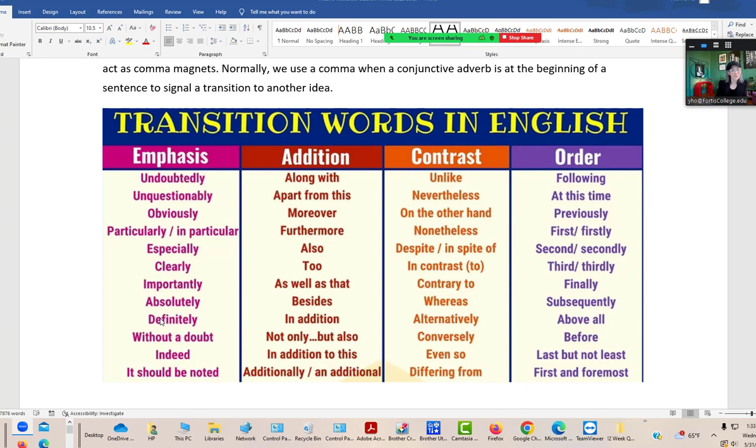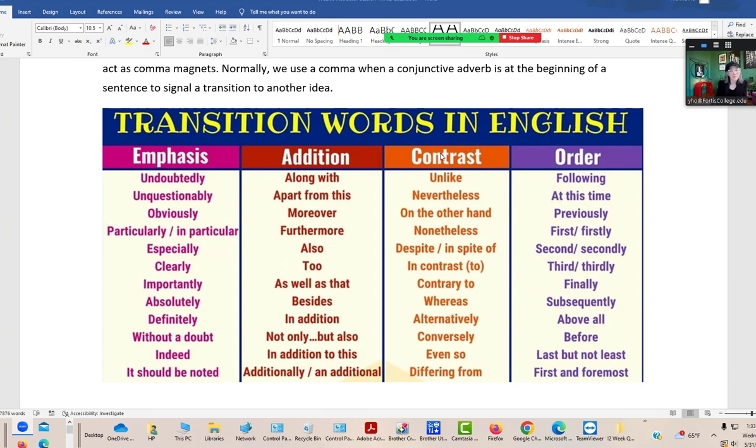And so you have transition words of emphasis: undoubtedly, unquestionably, obviously, especially, clearly, importantly, absolutely, definitely, without a doubt, indeed, it should be noted. And then transition words of addition, which are different ways of saying and: along with, apart from this, moreover, furthermore, also, as well as that, besides, in addition, not only but also, in addition to this.